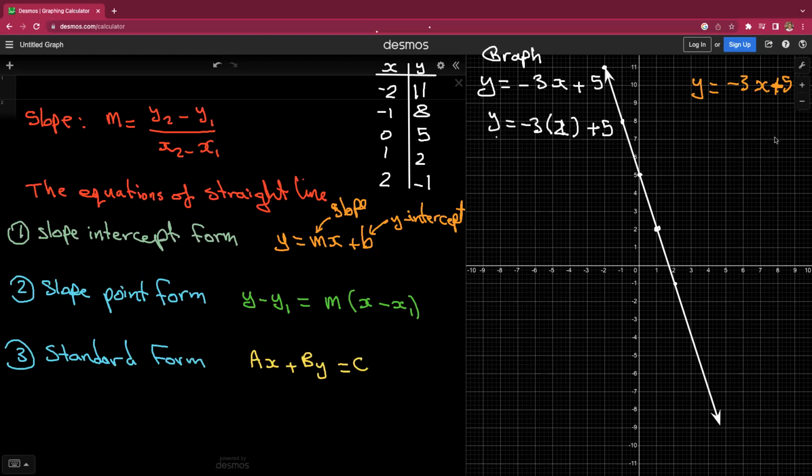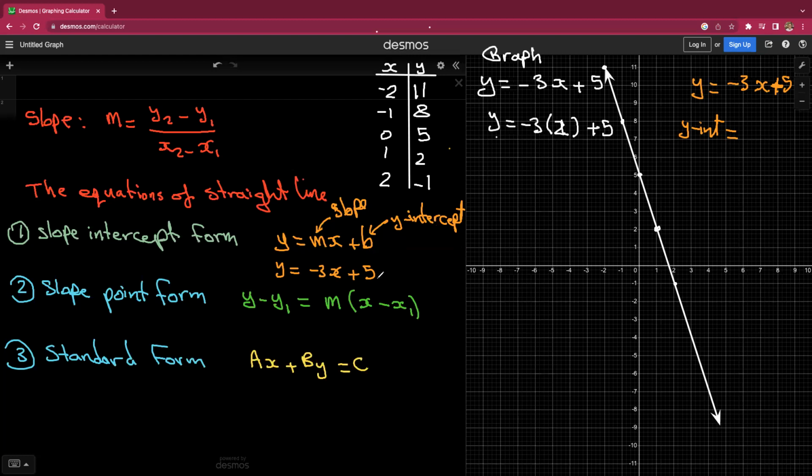If I ask you from this equation to tell me what the y-intercept is, can you type it on the chat, everyone? Okay, so here's the equation, y equals mx plus b. If I write this underneath, it's y equals -3x plus 5. Here is the x, here is the y, here is the m, here is the b. So the y-intercept here is 5.